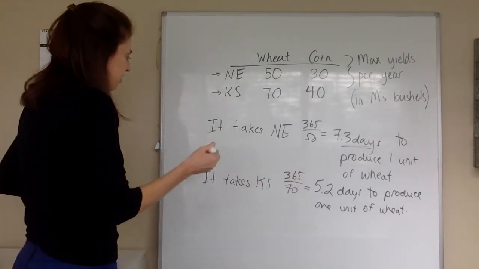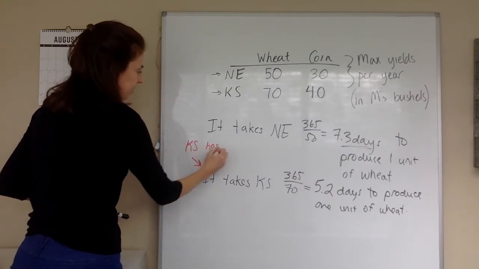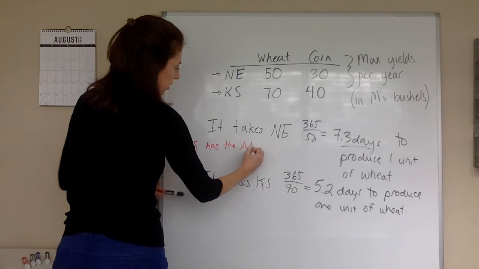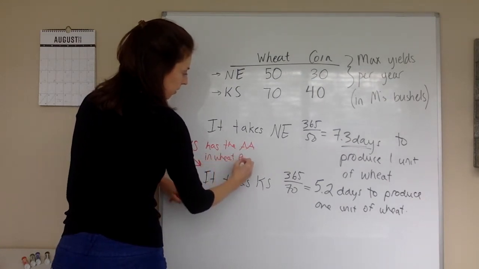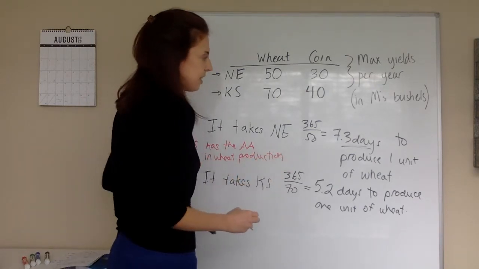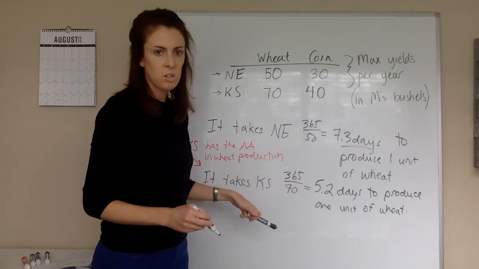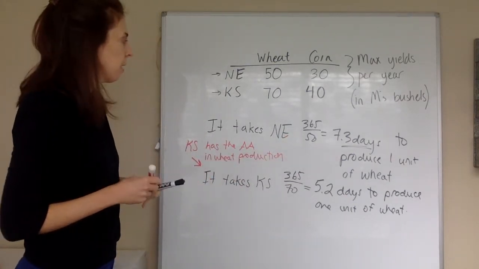So Kansas has the absolute advantage in wheat production. The reason is simply that it takes less time for Kansas to do the exact same thing, so we can crank out wheat at a faster rate.